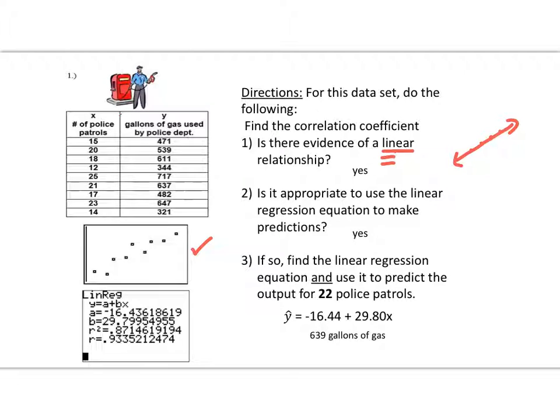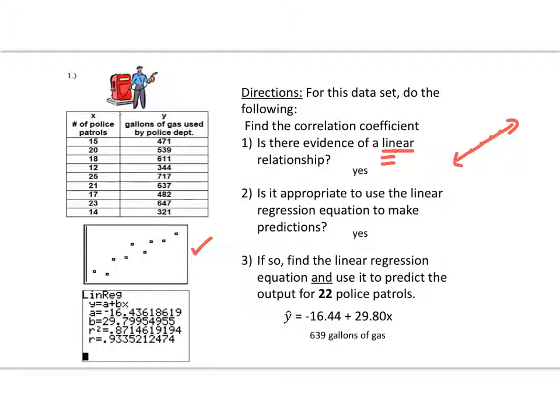Well, that's algebra. Algebra is a perfect world. And in the real world, things are actually kind of messy. So when we make a scatter plot and we look at the dots, we're looking for a pattern, not that we can connect the dots with a straight line.